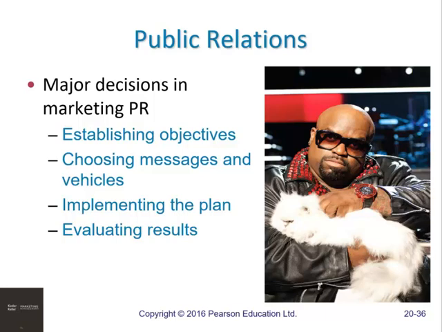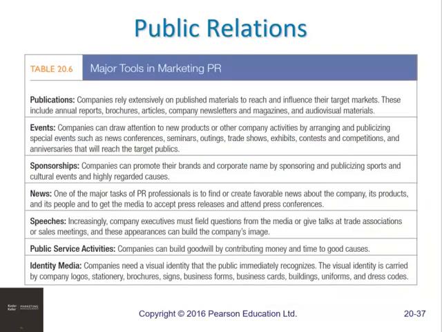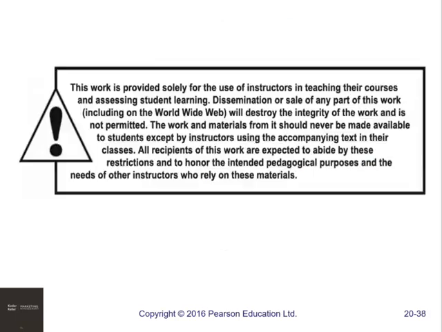The easiest gauge of its effectiveness is the number of exposures carried by the media, which is often defined as evaluating the results. The main tools of MPR are described in Table 20.6. They include publications, events, sponsorships, news, speeches, public service activities, and identity media.